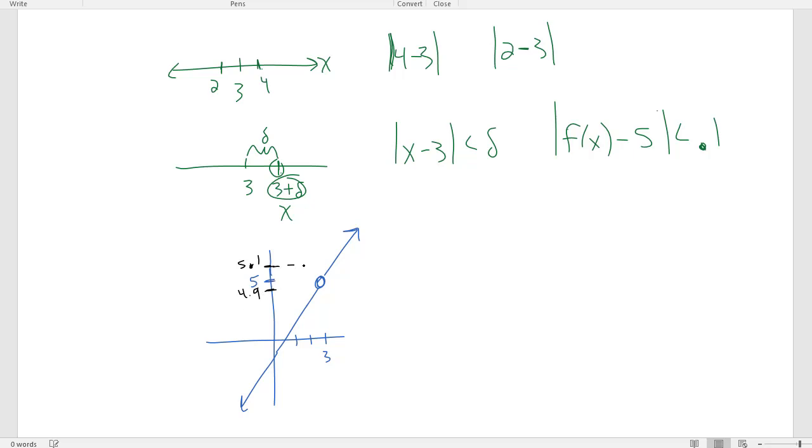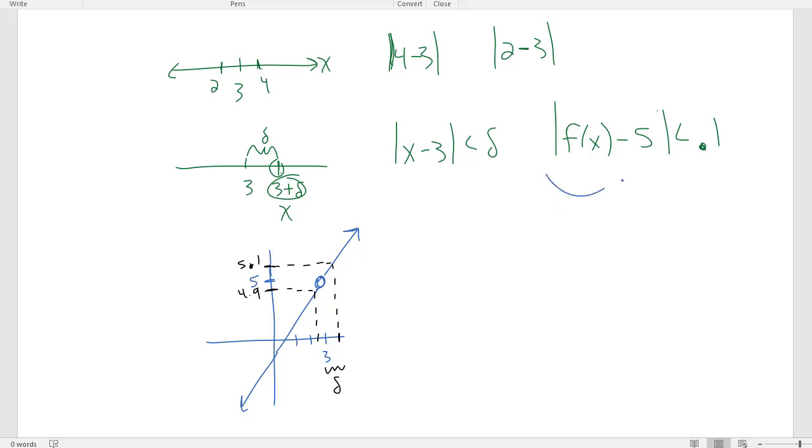And so what I'm really asking for is, what does this x value need to be, right? How close, what's my delta that will make that work? How close do I need to be? And then again, ditto here, how close do I need to be, right? What's that delta that we're talking about here? My graph's a little cluttered, right? But here's a value of delta. So how close to 3 do I need to get so that my y value is within 0.1 of 5?